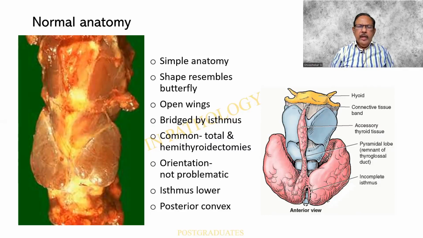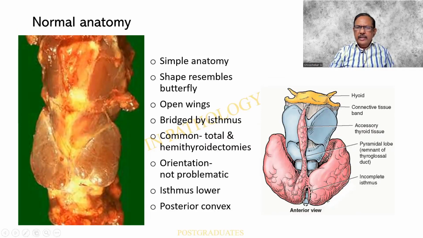The orientation, however, shall not be problematic because the isthmus is lower down. Again, the organ has a convexity on the anterior aspect and a concavity posteriorly. So it will not be difficult at all. You cannot turn it the other way around.